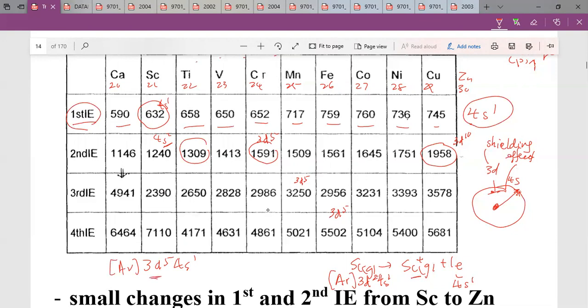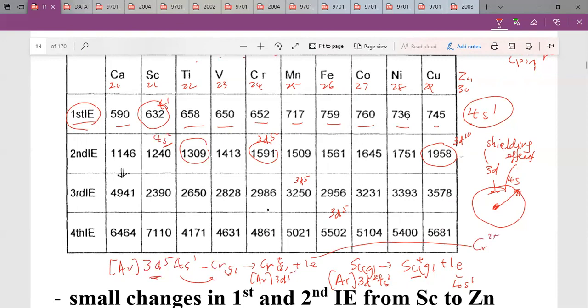So for the first IE, chromium goes to Cr+(g) plus 1 electron, and this is your Ar 3d5.